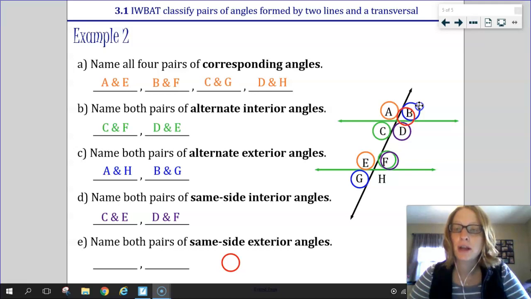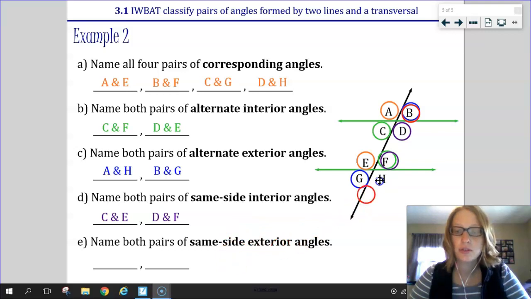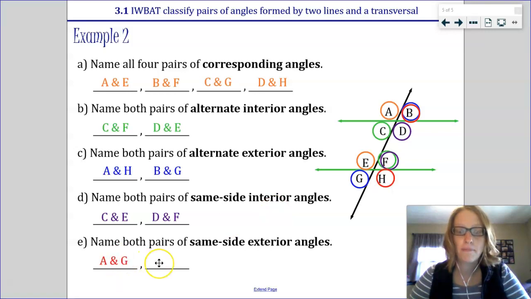Those could be another pair of same side exterior angles. So again, either B and H in this situation or A and G would be our pairs of same side exterior angles that are on the same side of the transversal outside of the 2 given lines.